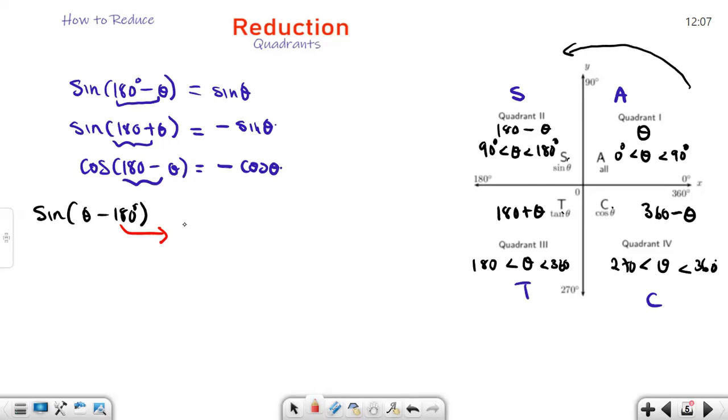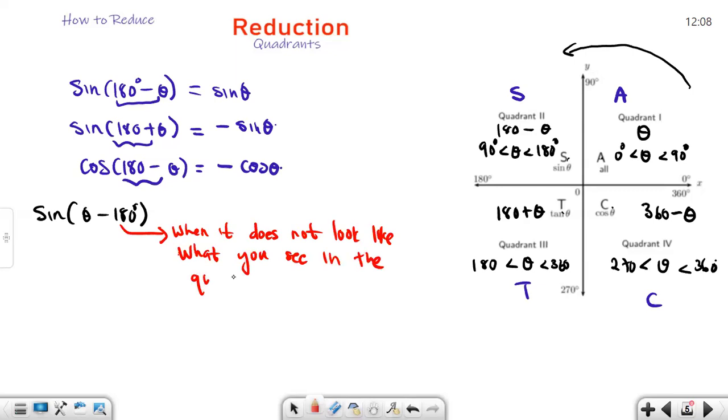When it does not look like what you see in the quadrant, please add 360.